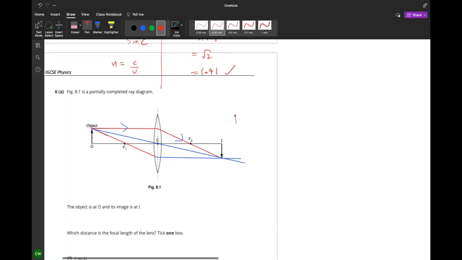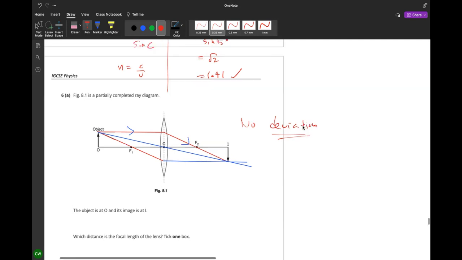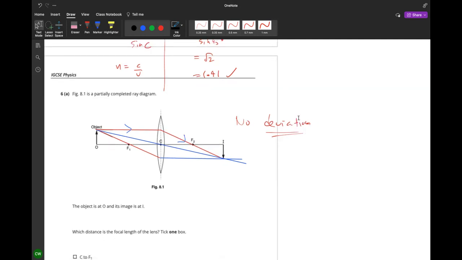No deviation means it doesn't change direction, the direction doesn't change. English got pass or not? No deviation, undeviated. That means straight line.